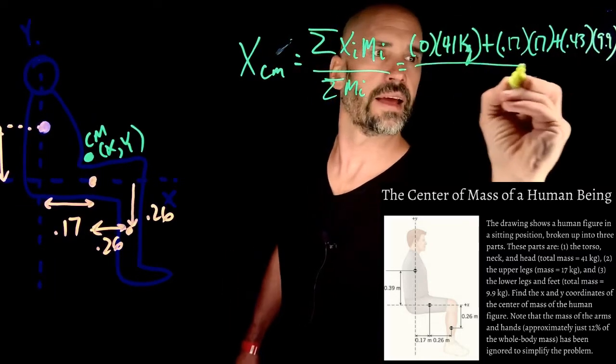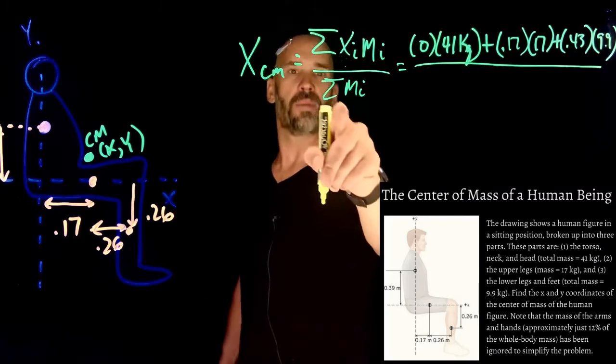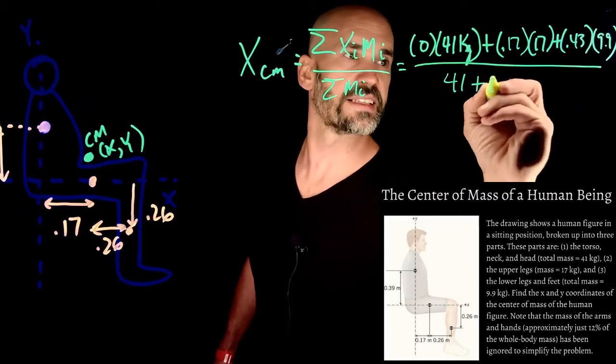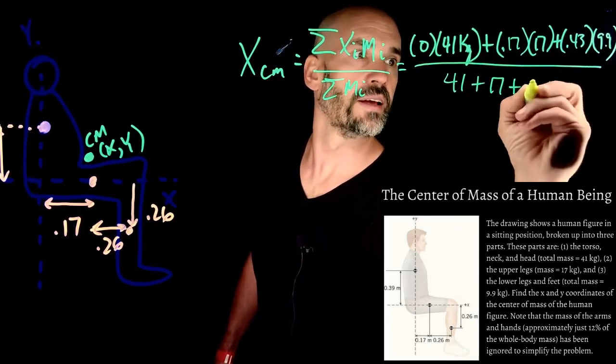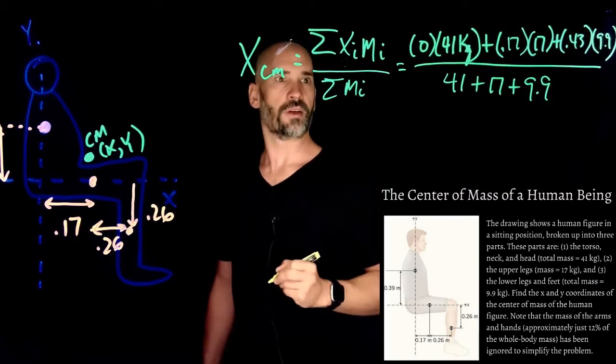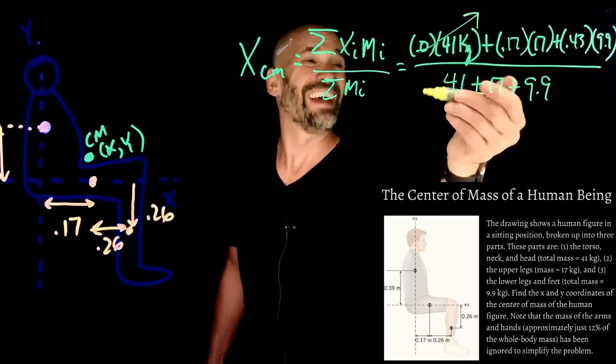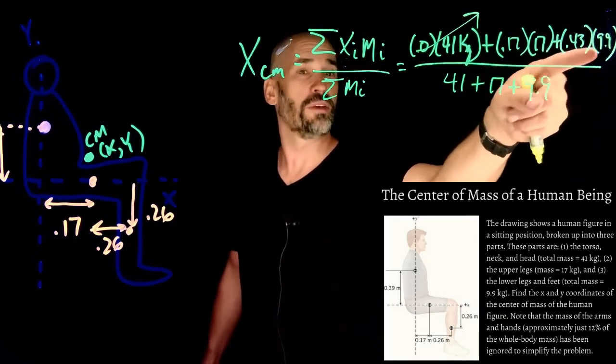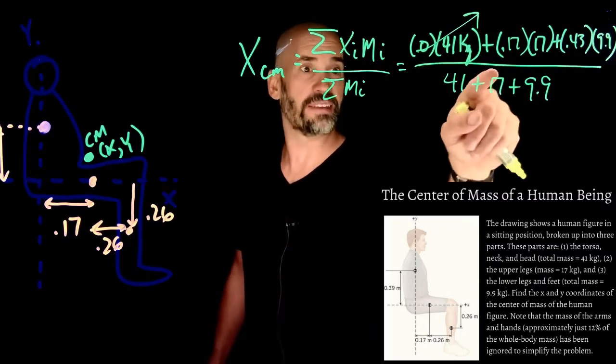And that's divided by all of our masses added together. So that's 41 plus 17 plus 9.9. This first term goes away, and now it's just simple calculator stuff. I do 0.17 times 17 plus 0.43 times 9.9, divided by all those added together.